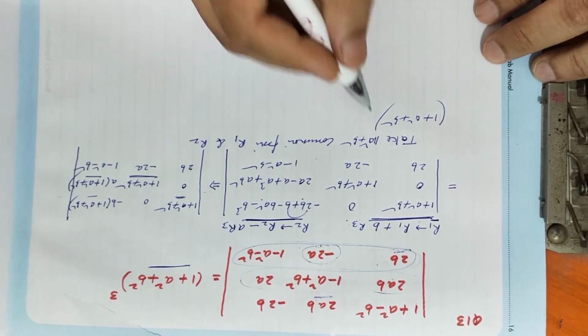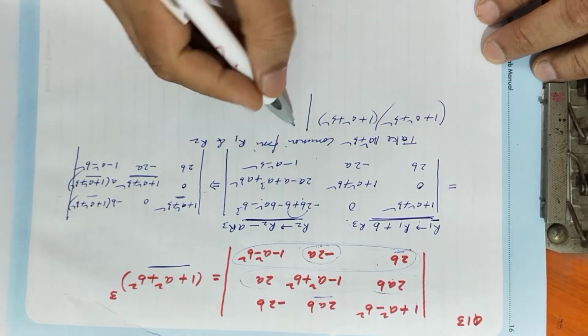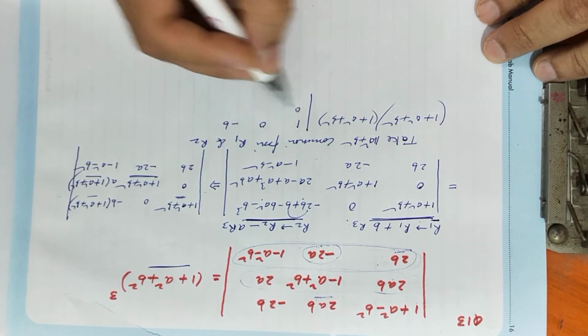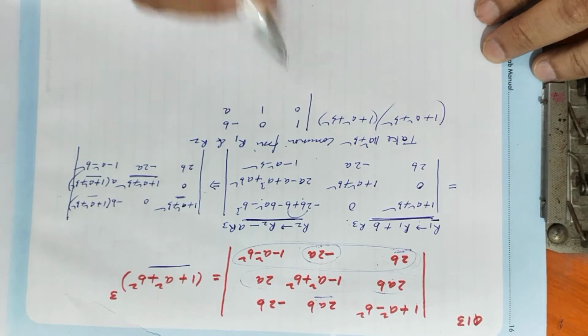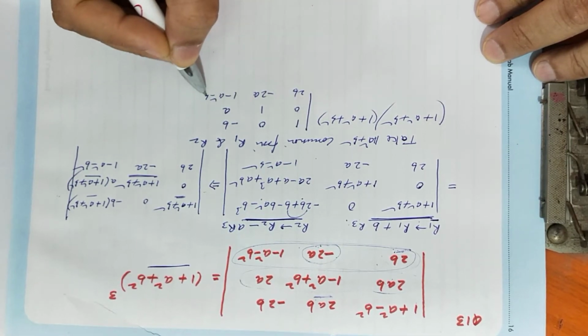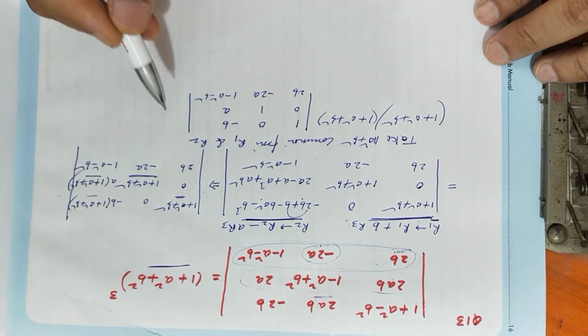What is left? 1, 0, −b; 0, 1, a; and 2b, −2a, 1 − a² − b². It is left. Got it?